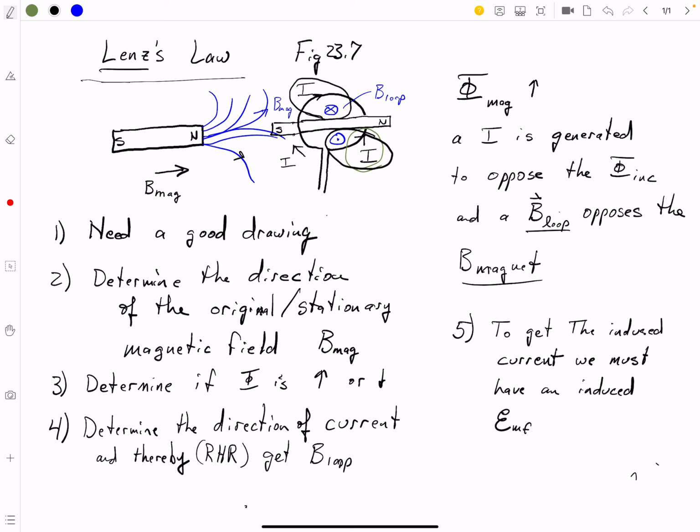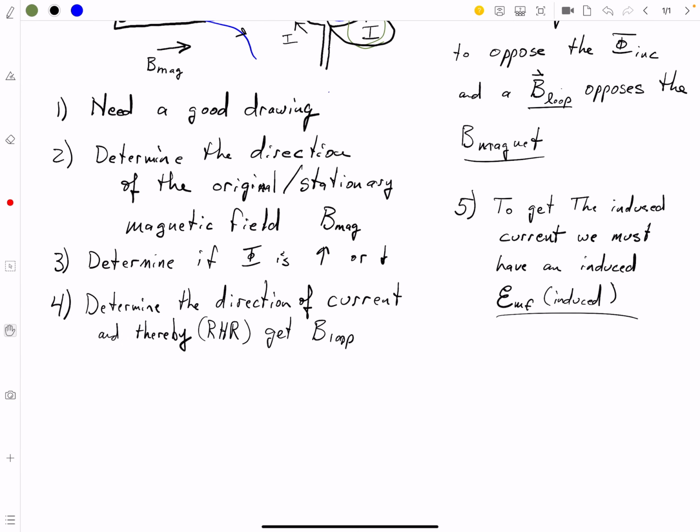So that's EMF induced. That is what generates the current. So it's an induction. So Lenz's law is all about induction and inducing a current in a loop.